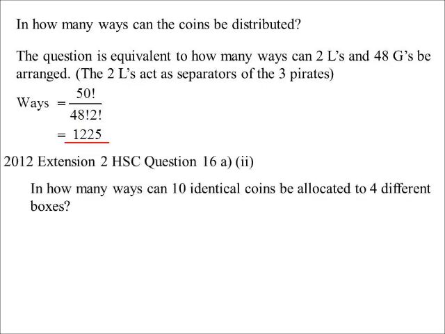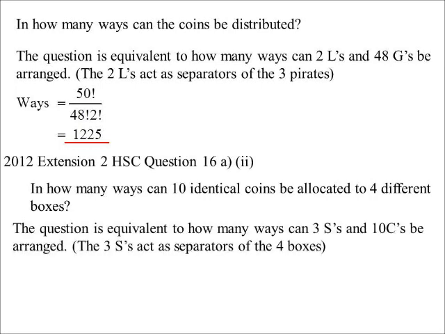That leads me to this, and you'll notice it says extension 2 question. How many ways can 10 identical coins be allocated to 4 different boxes? So you're going to put coins into a box this time. Well, I'm going to insert a separator.